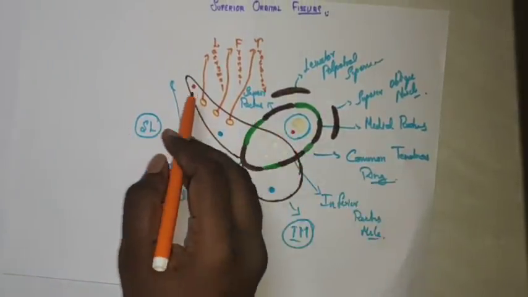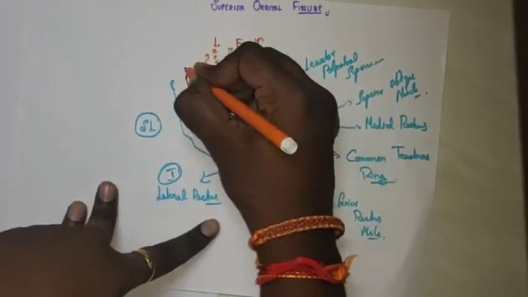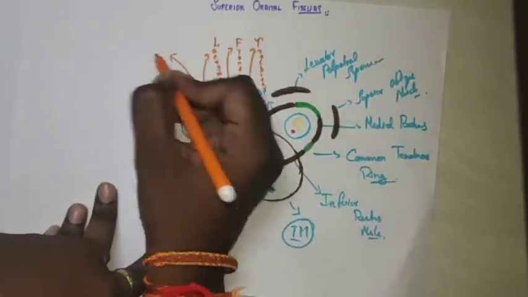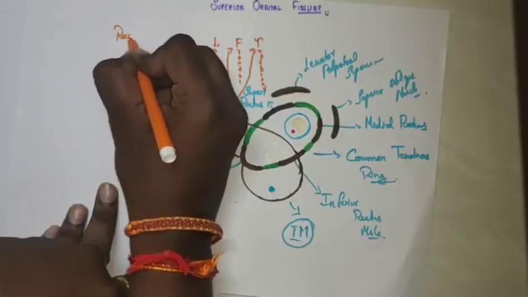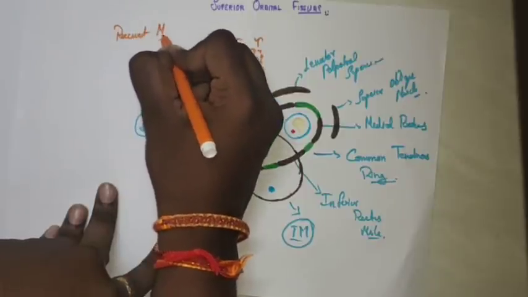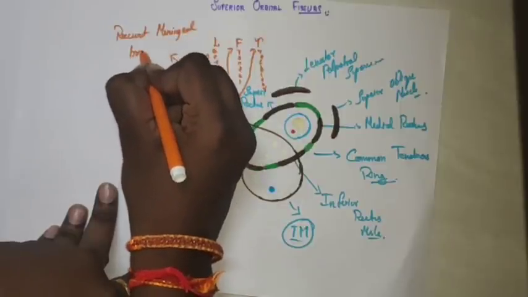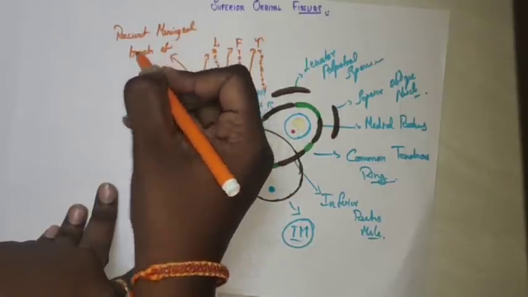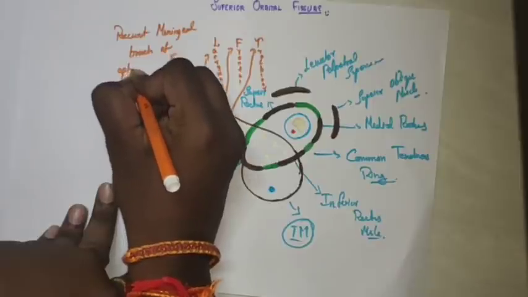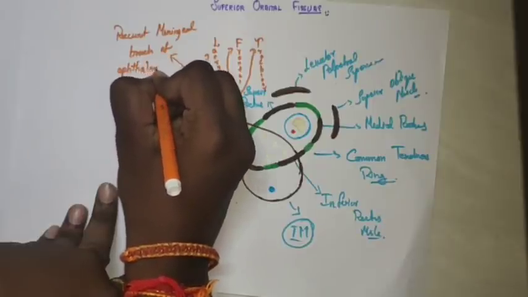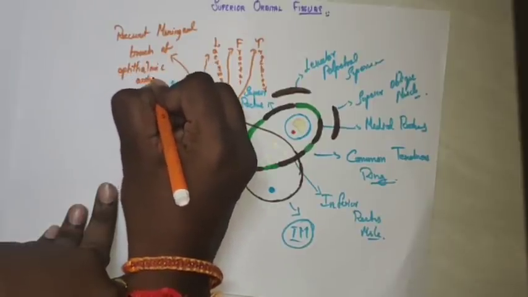And we have an important artery over here, which is known as the recurrent meningeal branch of ophthalmic artery.